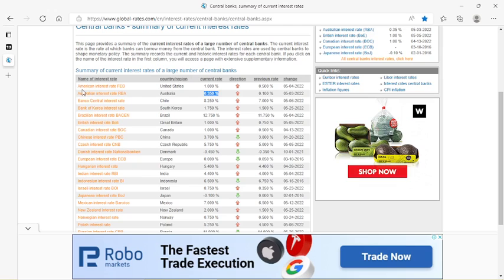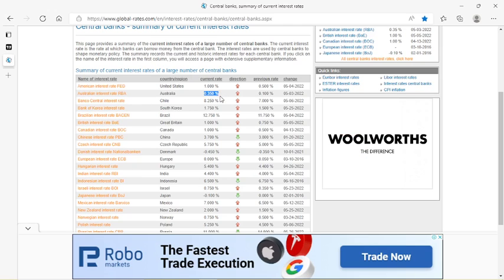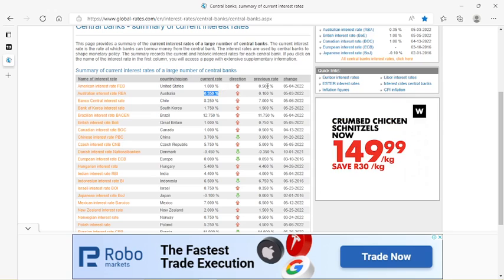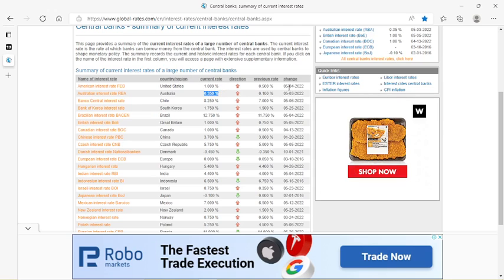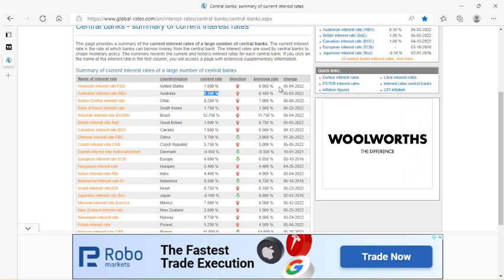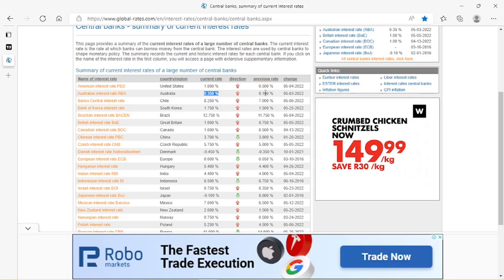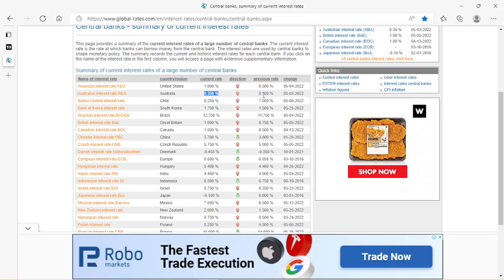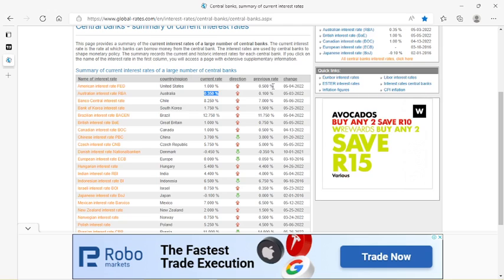Take a look, the Australian dollar is at 0.35% and the dollar is at 1%, and the change was earlier this year. But before the change, the previous rate was 0.1 and the dollar was 0.5.